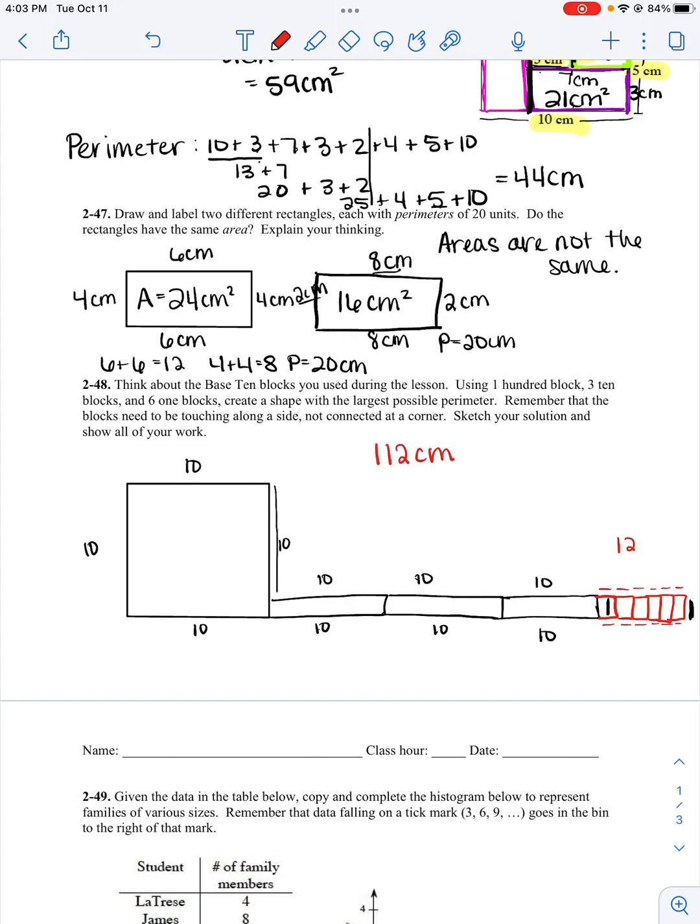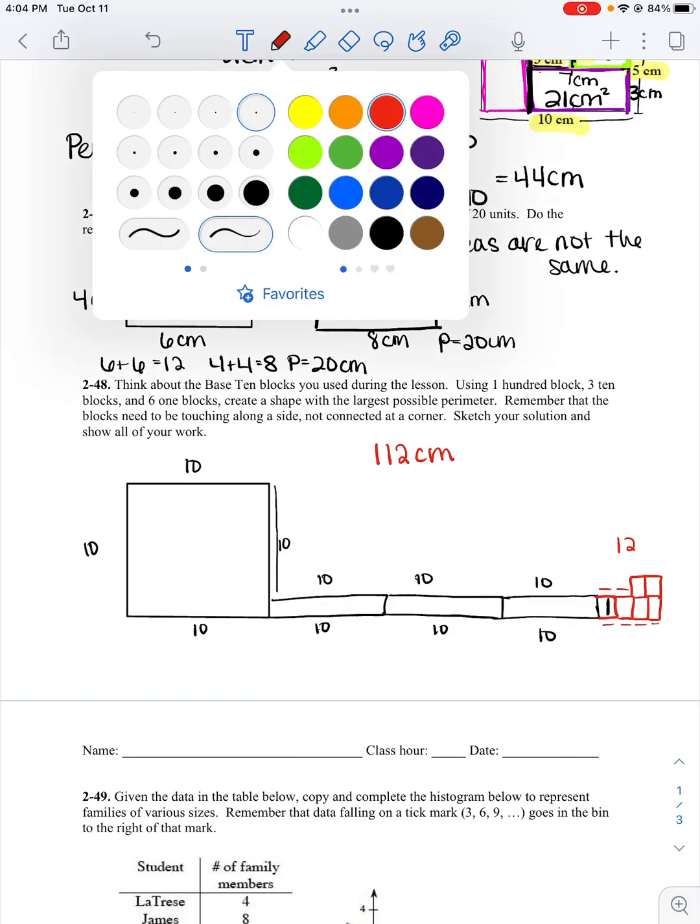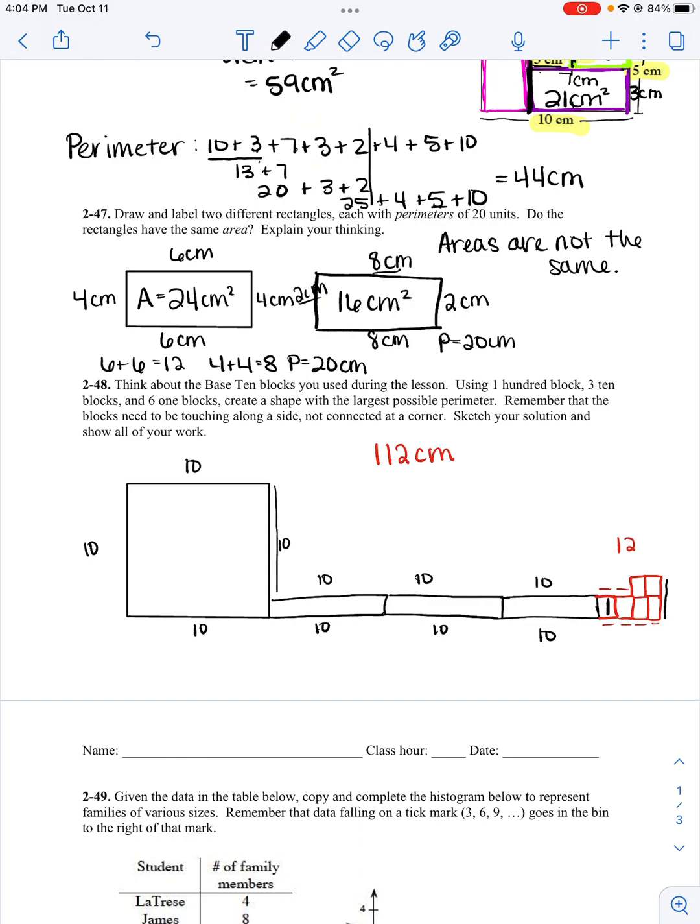Can I increase it? So if I take these 2 off here, and let's say I put them here. Okay, so my 10 is still counted here and here, right? So if I highlight it, this is 9, 10.